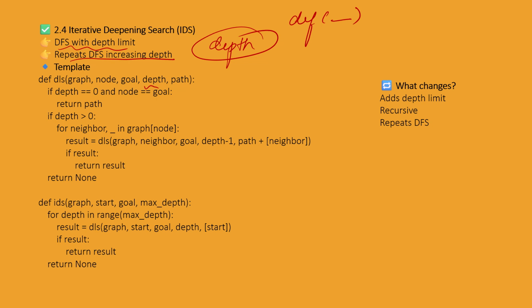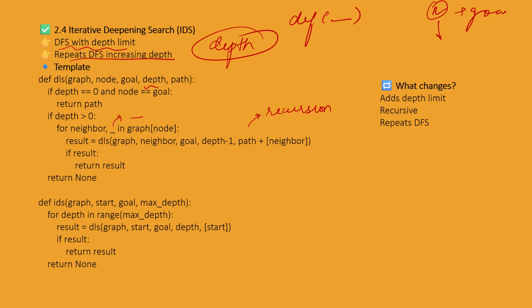If depth is 0 and your node, that is the first node, is your goal itself, you return the path. If your depth is greater than 0, now in neighbor, when you don't want a second argument, you use underscore. So you use recursion here. You return your result.